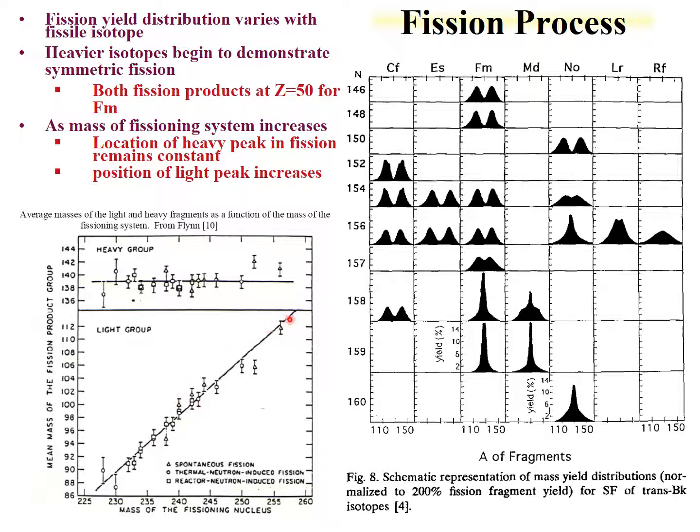We can imagine eventually that, particularly if we get to a case where the fissioning isotopes would have a Z of 50, which is here, fermium is a Z of 100, we can imagine that here we'd start getting symmetric fission.